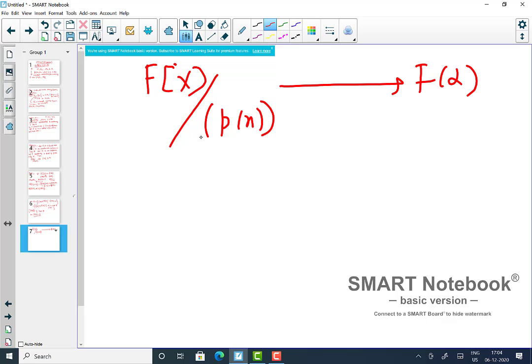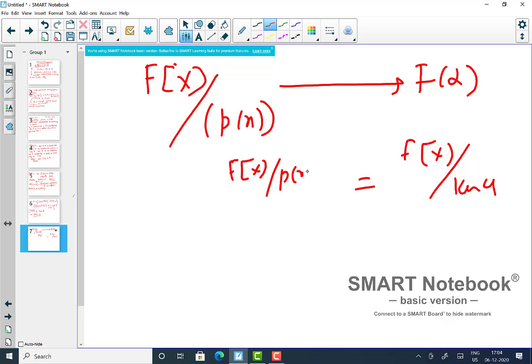Because if the kernel is bigger than that, then F[x] mod the kernel of phi, using the theorem, gives you F[x] mod p(x) and then the kernel of phi mod p(x), right? So this is the third isomorphism theorem.